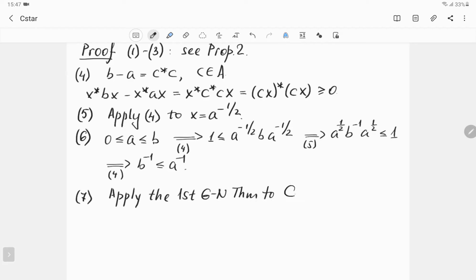This is the C-star subalgebra of the unitization of A. This is a commutative unital C-star algebra, and B is a continuous function. So obviously this implies that B is less than or equal to the norm of B multiplied by the identity.